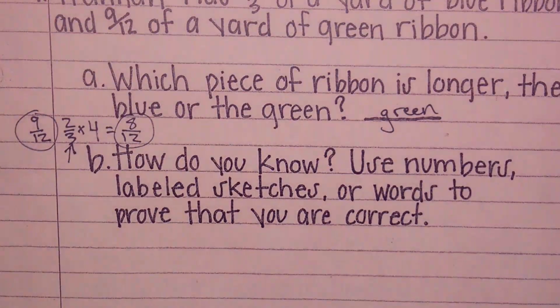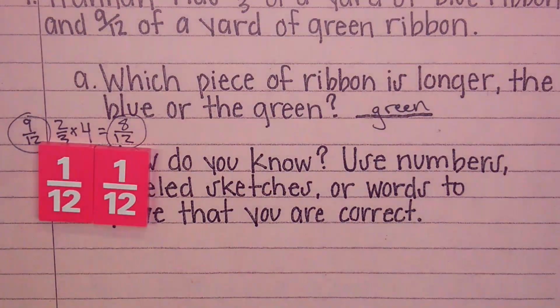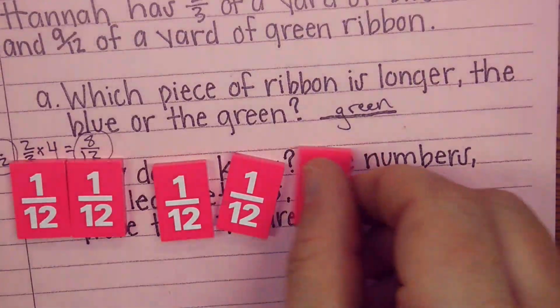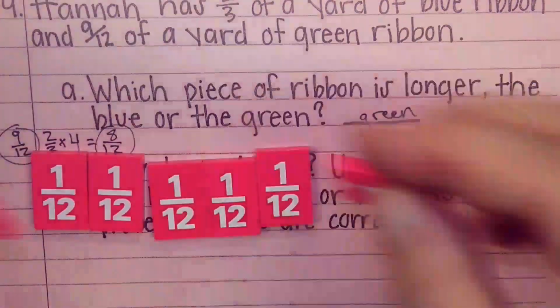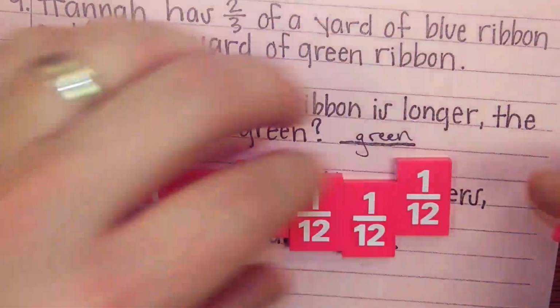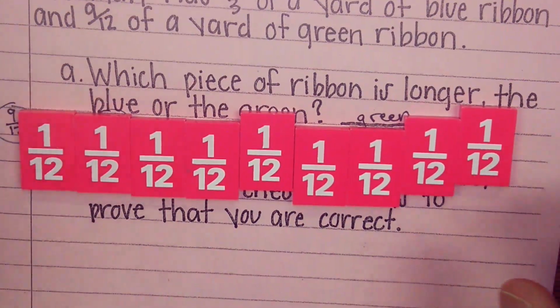But if you were super curious, I could put these pieces on here. 1, 2, 3, 4, 5, 6, 7, 8, 9. So here's my 9/12. See if I can make them look good for you. And then I'm going to find my 2/3.